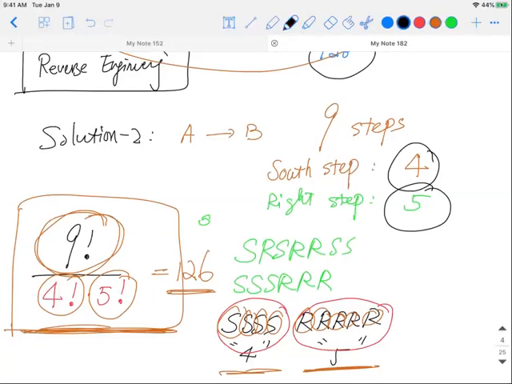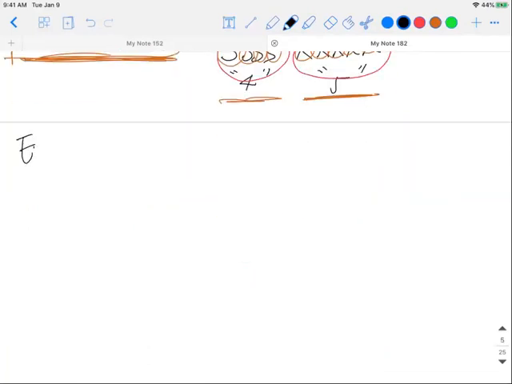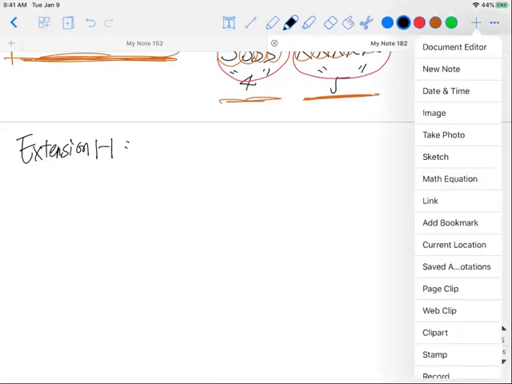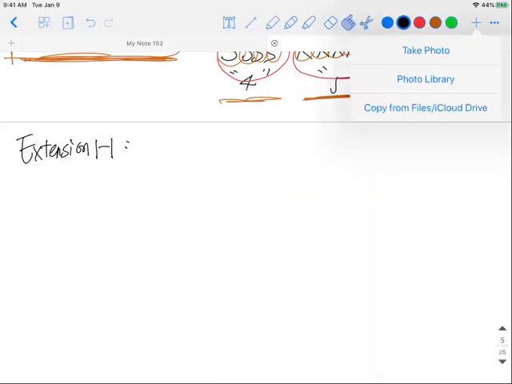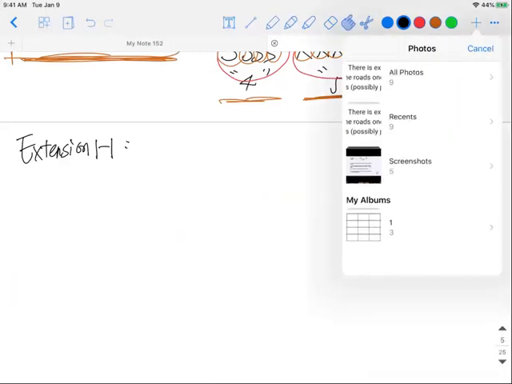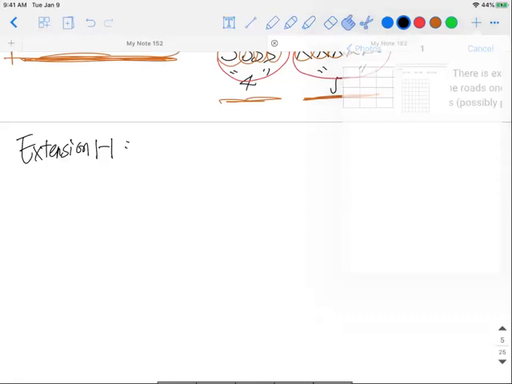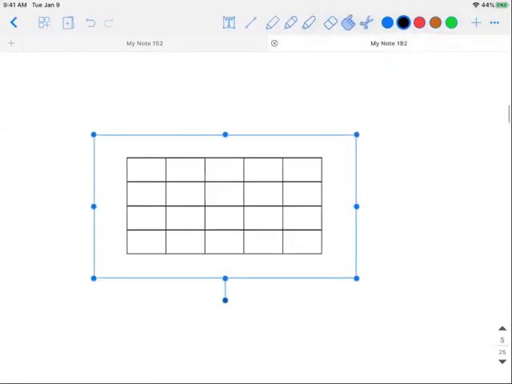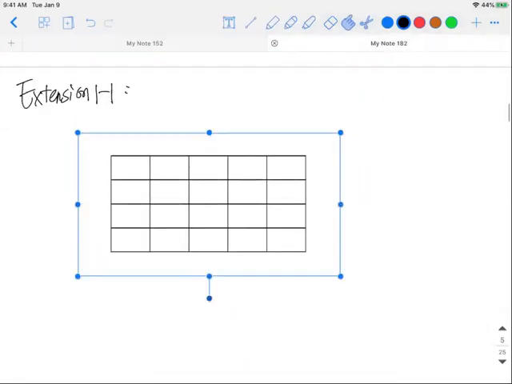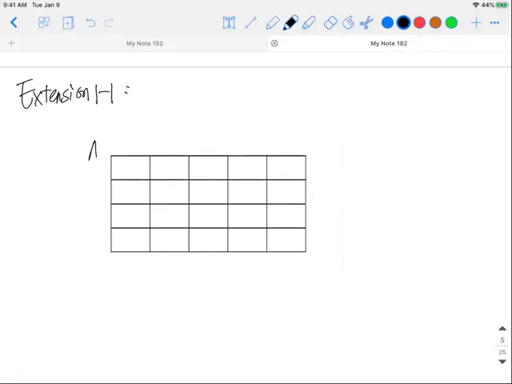Okay, let's do a little bit of extension. Extension 1-1, right? We're trying to use the same problem, but try to give you guys as many concepts as possible. It is exactly the same problem, Peter wants to move from A all the way to B. However, today there's a flood.